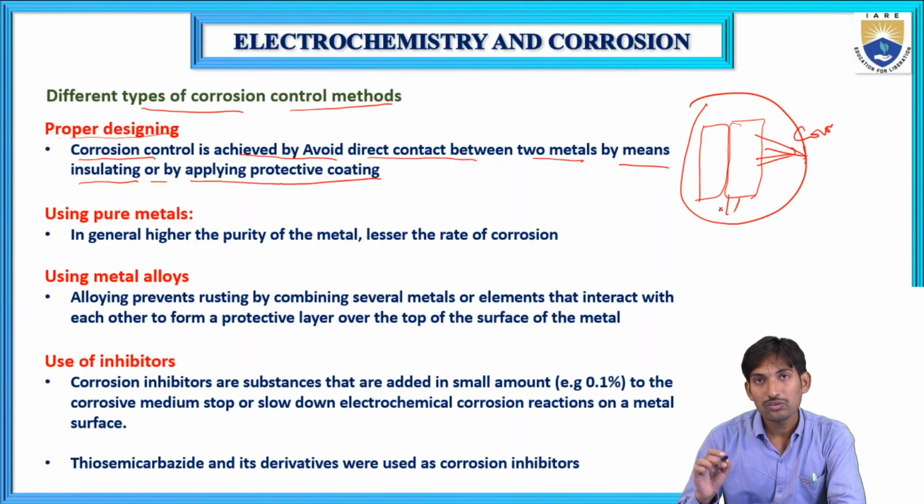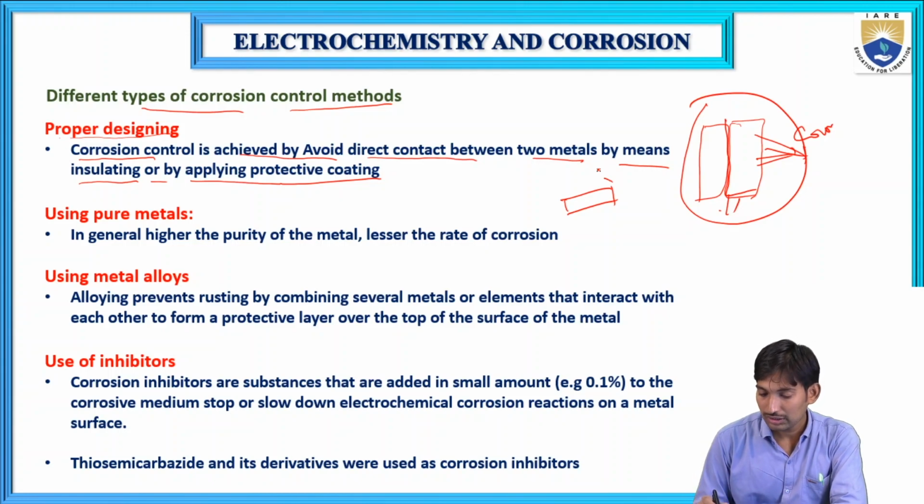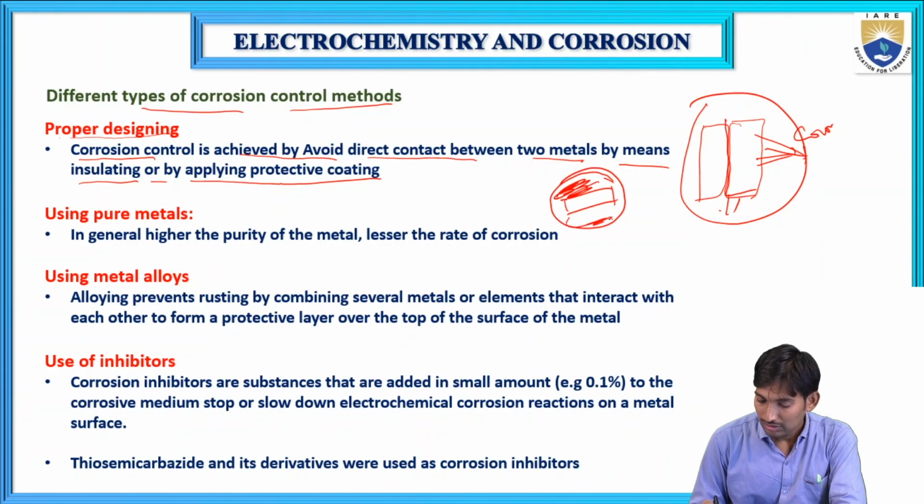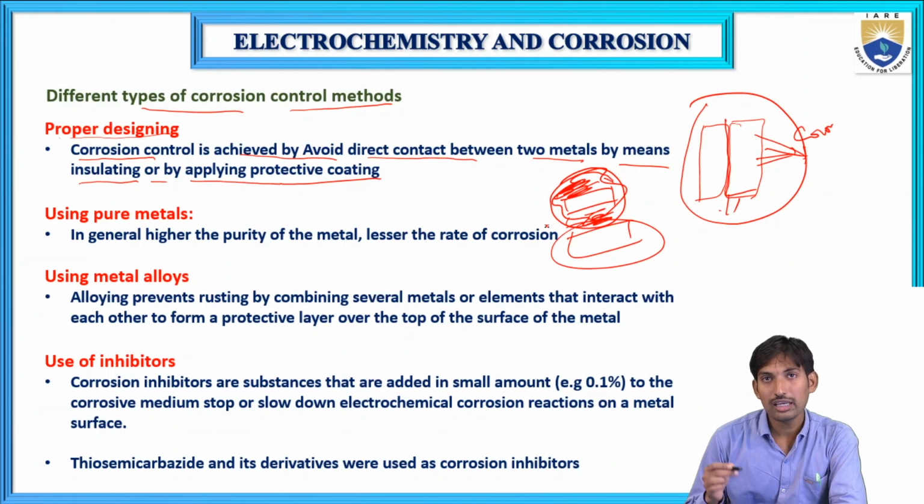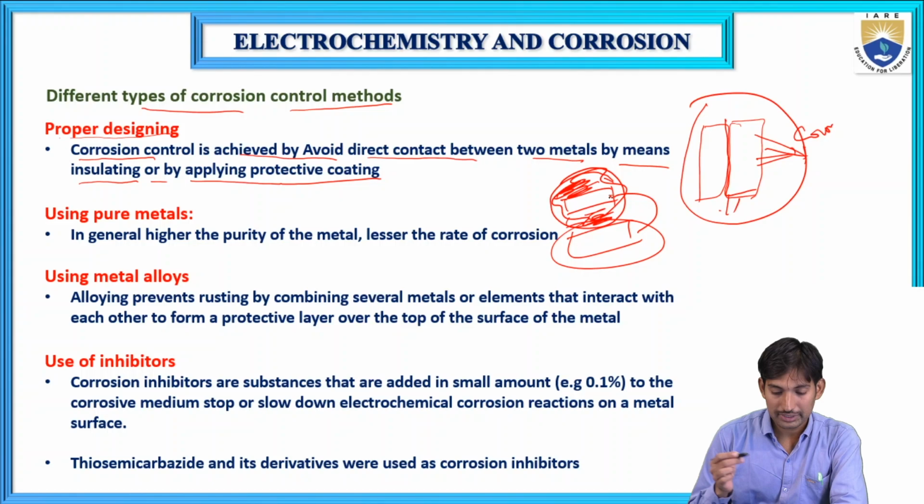So, to avoid electrochemical corrosion between these two metals, we have to apply some protective coating on each metal surface. Then they do not come in contact with each other, so they will not undergo any electrochemical corrosion. In this way, these two metals are protected.